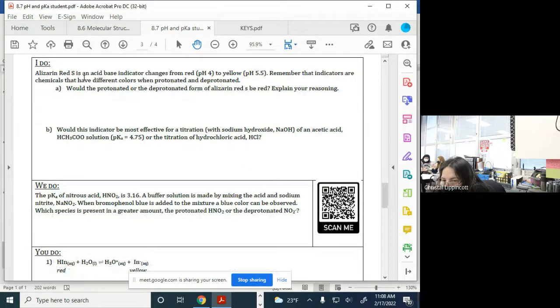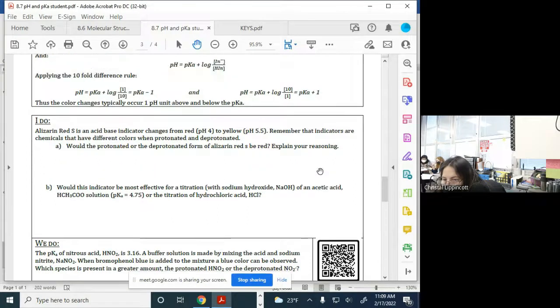Okay, so this red S is an acid-base indicator that changes from red to yellow. And with indicators, when it changes, it's going to be protonated, which means that it gains a hydrogen, or deprotonated when it loses a hydrogen. So would the protonated or the deprotonated form be red? We need to find this one. Alizarin red.